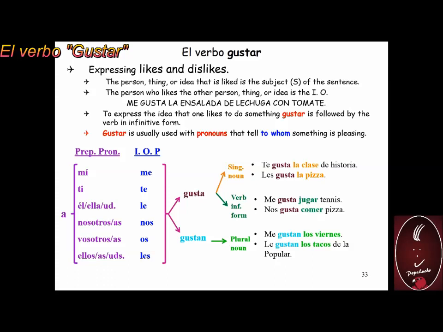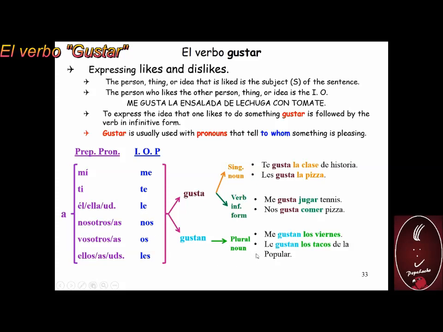Those pronouns are optional. Those pronouns are used to emphasize, to be more emphatic, to be more specific, especially when we use the indirect object pronoun le or les, because this le or les has a lot of meanings.